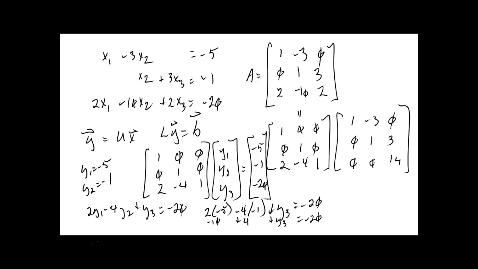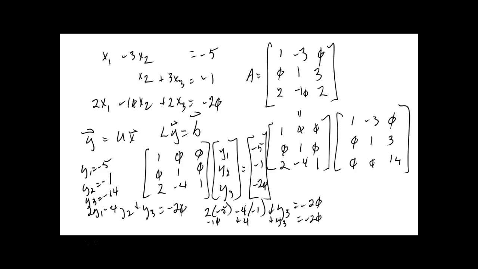Can y'all do that? Say again? -14. So y3 is equal to -14. Let's write it here. y3 is equal to -14. All right, done. Okay? Now, so there's your y vector.